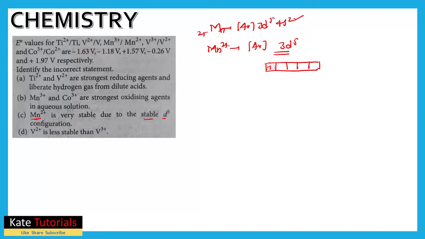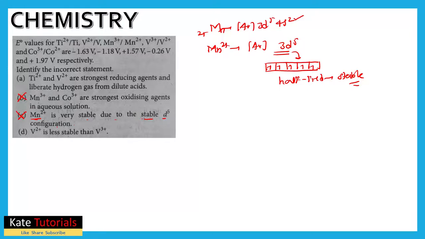If I put 1 electron in each, 1, 2, 3, 4, 5, this is d5 configuration. Since it is half filled, the configuration is stable, we know that. So Mn2+ is very stable due to stable d5 configuration. So this is also a correct statement, but they have asked for the incorrect statement.